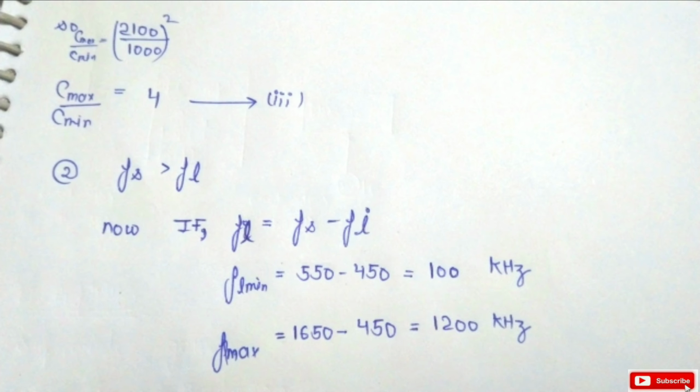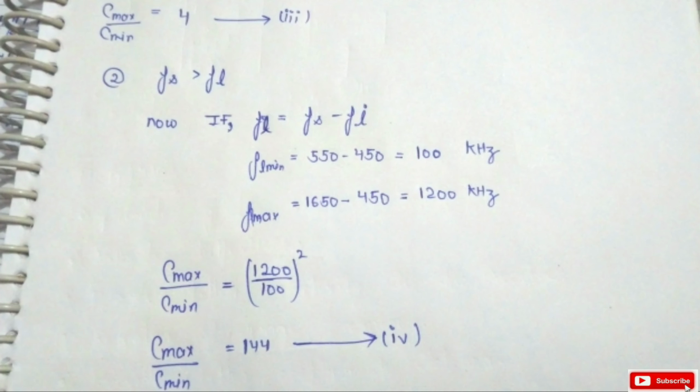If FS is greater than FL, then FL is given by FS minus FI. Then FL minimum is 550 minus 450, that is 100 kHz, and FL maximum is 1200 kHz. So if we find C max by C min, it will be 144. Previously, we found C max by C min as 4.